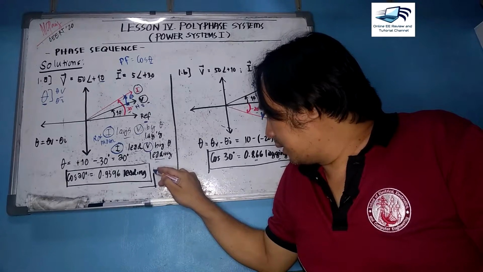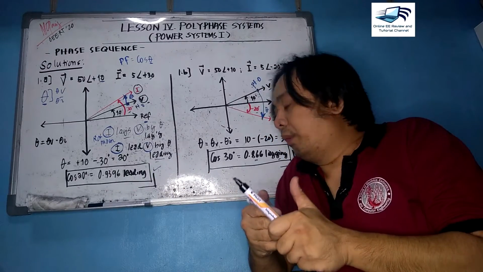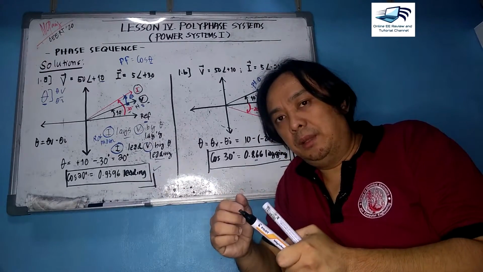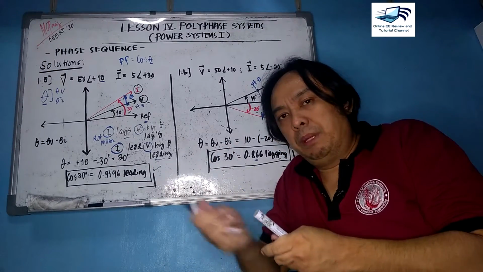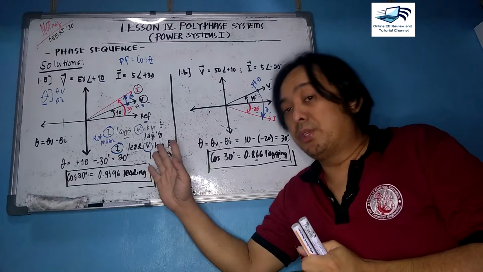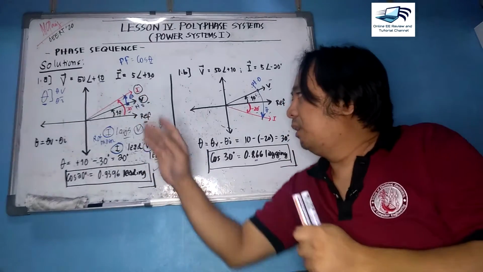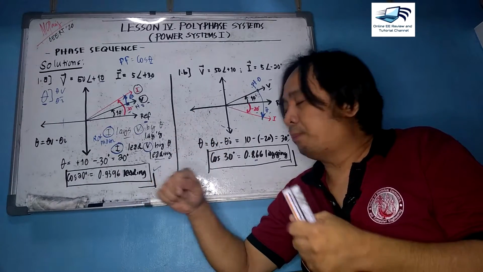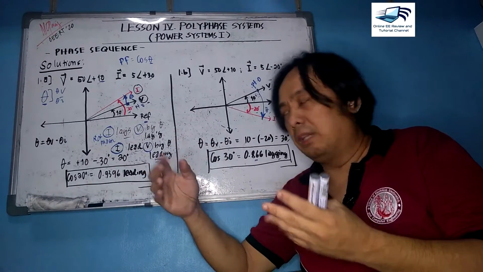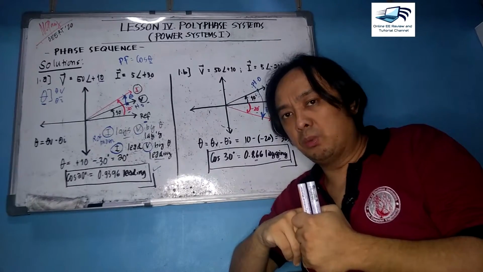So thus, the answer is 0.9396 leading. So please take note of that basic fundamental. Simply because this is 110% sure, because you see the behavior of the angles and how they are separated from each other by a certain angle, and their relationship as well.